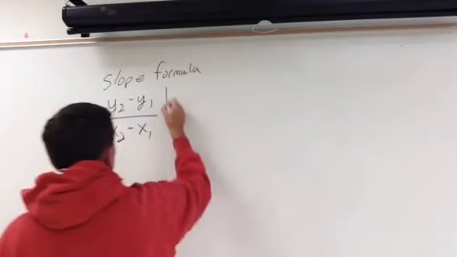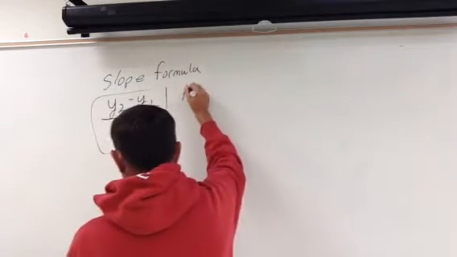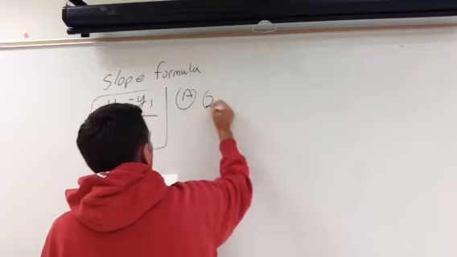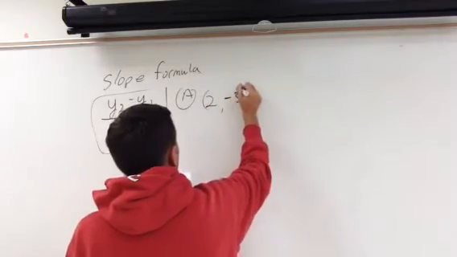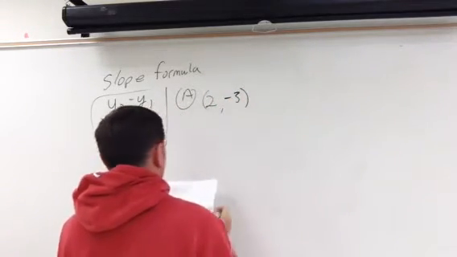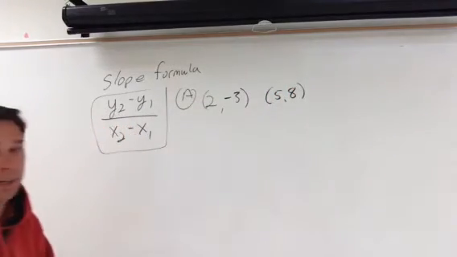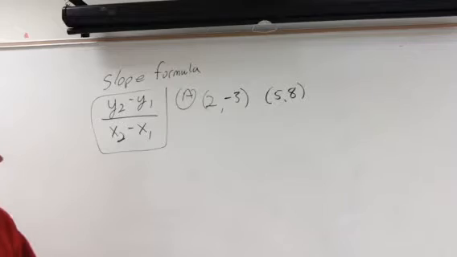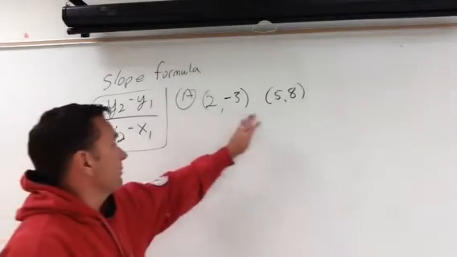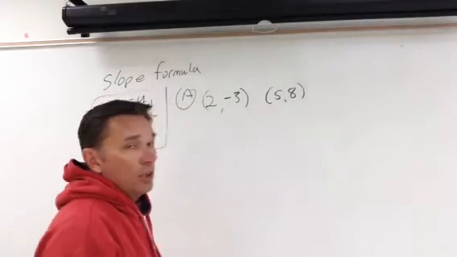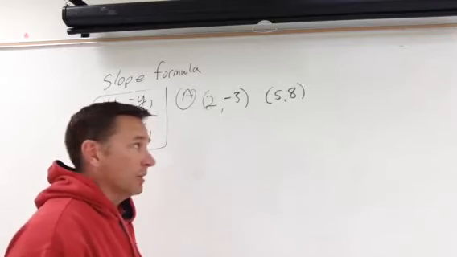So the first problem we have is a line that passes through these 2 points, 2, -3, and 5, 8. Now it doesn't matter which one you identify as point 1 and point 2, you should get the same result regardless.